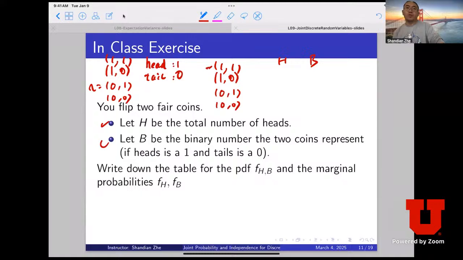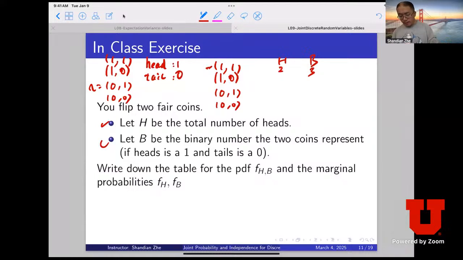What value in H and what value in B does it map to? Yes, exactly. Remember, H and B are random variables, they're just mappings from the sample space to some real number. The sample space contains four elements: 1, 1, 1, 0, 0, 1, 0, 0. That's all possible outcomes of your experiment.